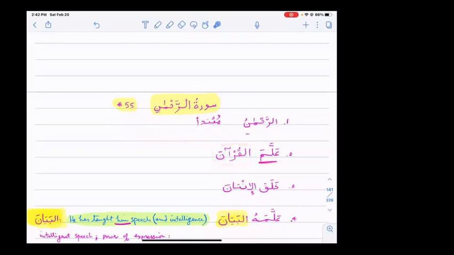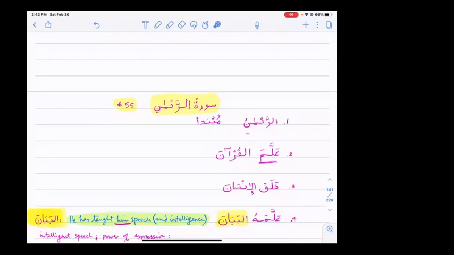But then you might say, Brother Asif, you said it has two mafulun bihi. Where is the other one? Because he taught the Quran to someone. Now that is the beauty of the Arabic language. Sometimes it is to be understood. It is mahzuf, we say omitted.